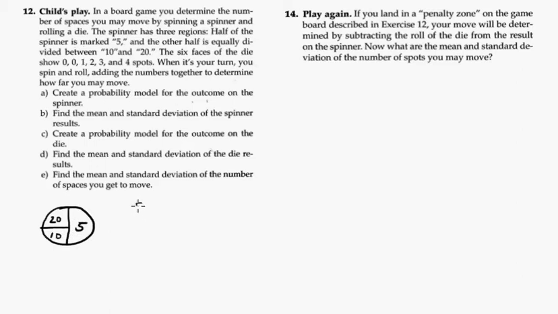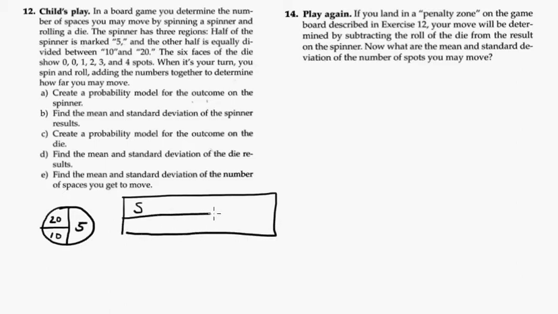So let's call the random variable S, and we have 3 outcomes: 5, 10, and 20. The probabilities of these outcomes are 50%, half, and then 0.25 and 0.25. So that's the probability model.